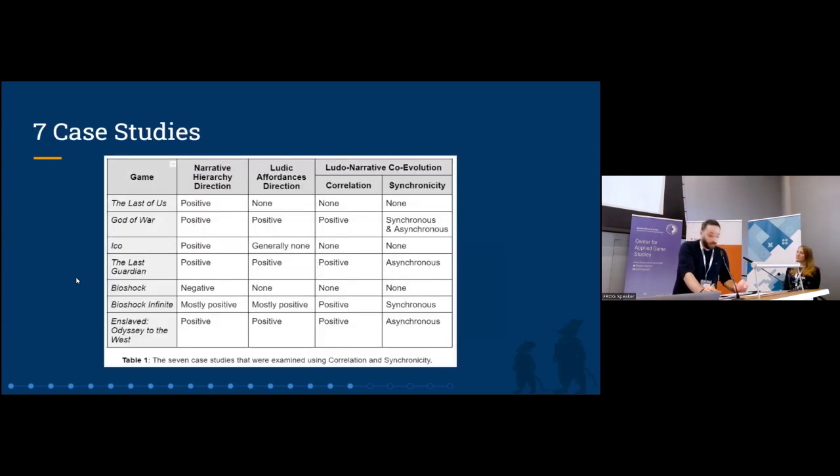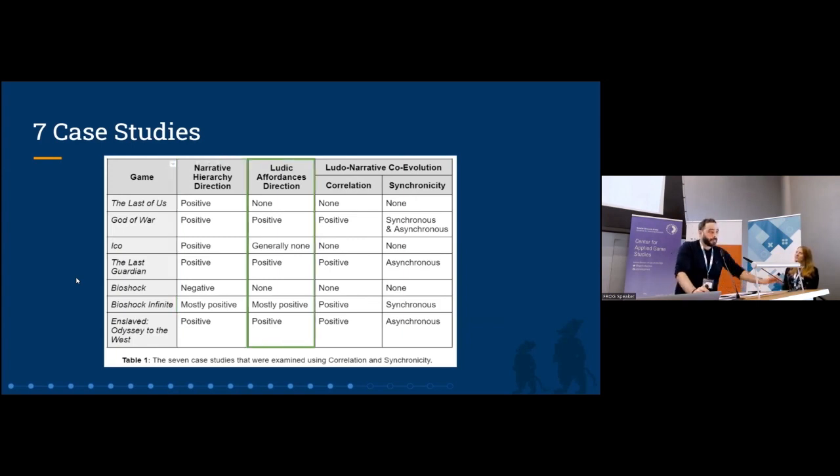So after determining all these design aspects for examining the CNPC player interactions, we examined 7 case studies of existing games according to each design aspect. We found in those examples that for the most part, and not surprisingly, the narrative hierarchy evolves in a positive direction. Characters go closer.